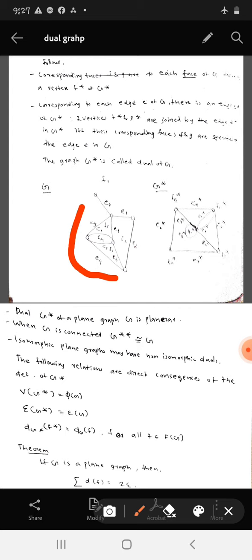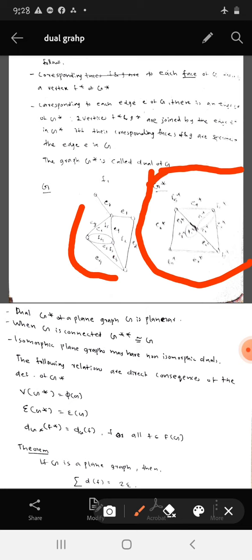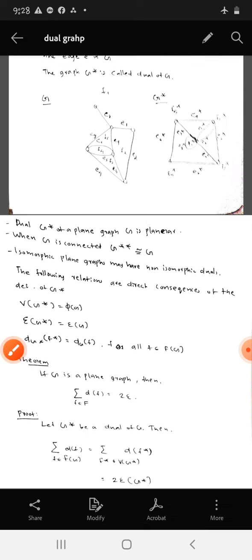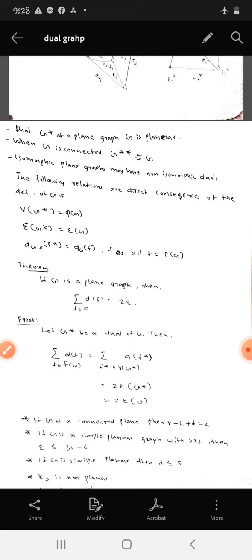Then what is the dual of this graph? So this is the dual of the graph. It is the dual G star of the plane graph G.